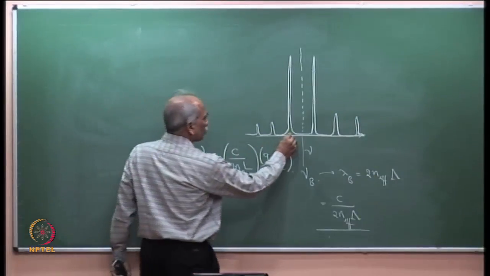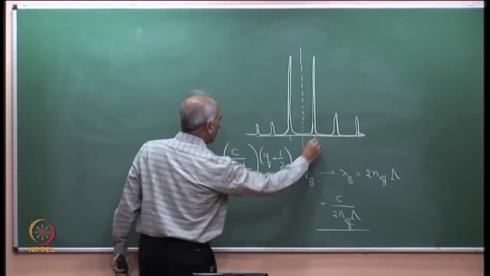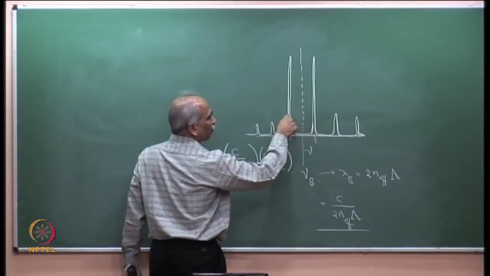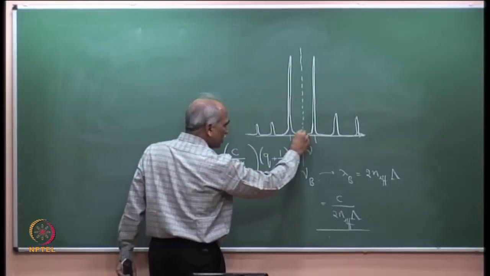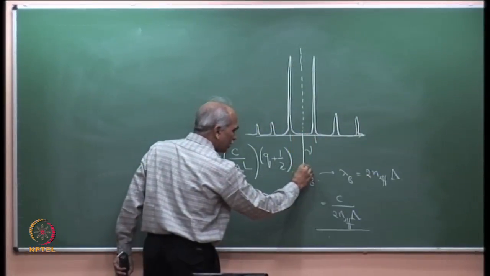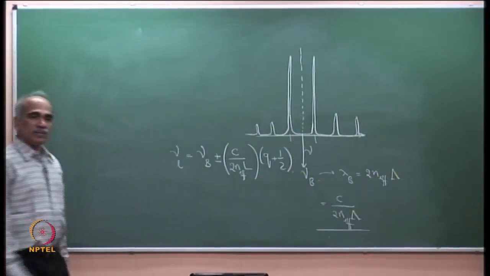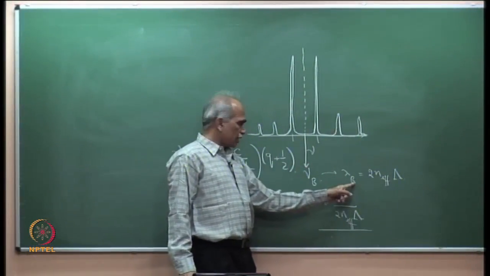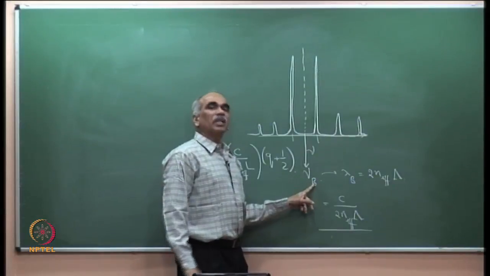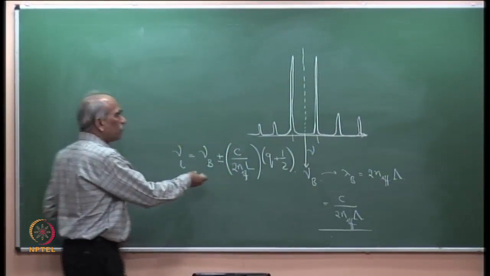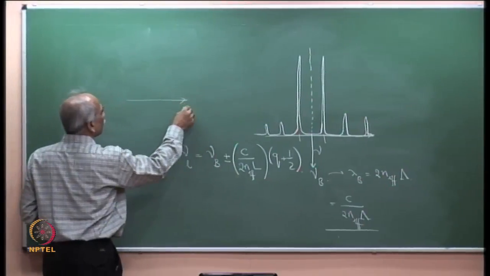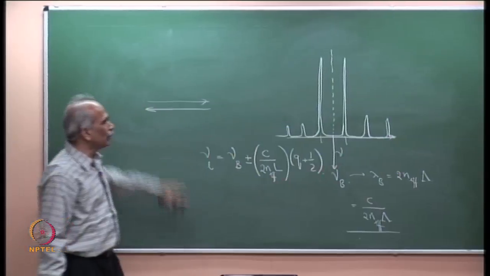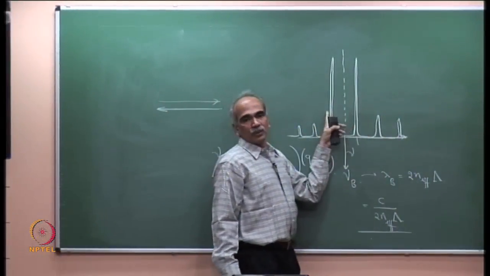So, q equal to 0 will have two values, plus or minus. So, you will have two modes instead of one at nu b. This is the value corresponding to nu b. Please see this. We thought that by taking a grating we will get one particular frequency nu b, but actually, because of the coupling between the forward propagating wave and the backward propagating wave, a coupled mode analysis will show you that it will support two modes.